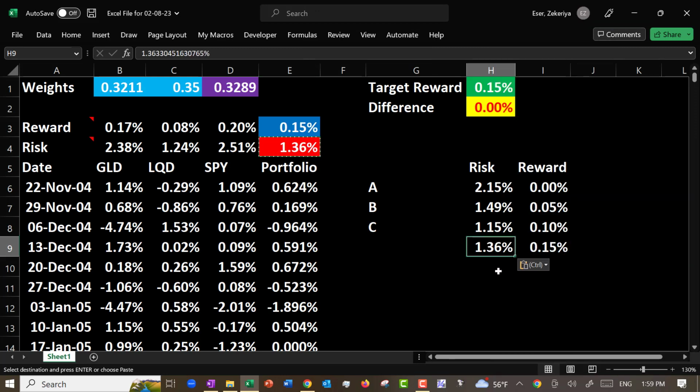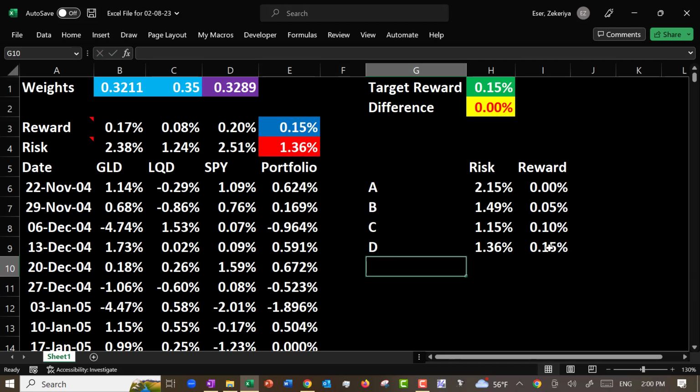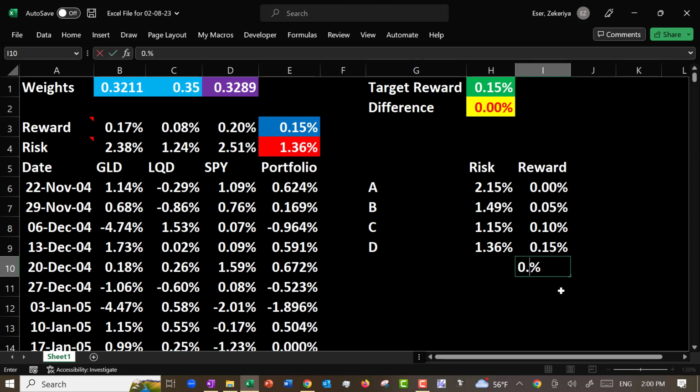Now, in this case, let's call this portfolio D. I can't say that portfolio D is inefficient, at least given what I have here. Because if I go lower on the rewards, I'm going to have lower risk. Okay. I am sure there is something in between. Actually, let's do 12. I just want to see where things turn.